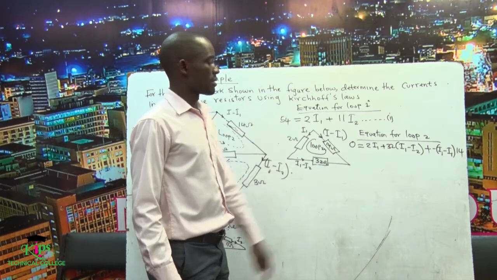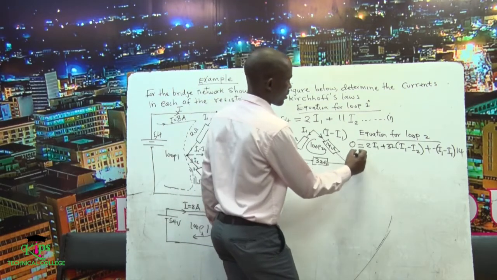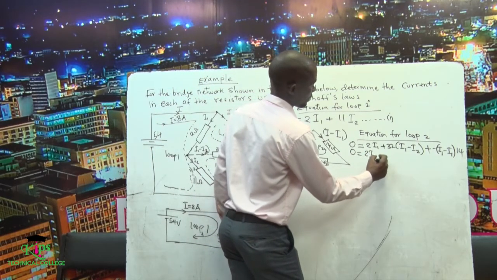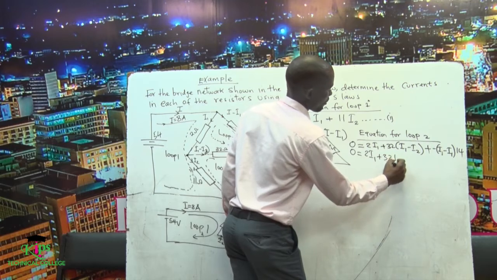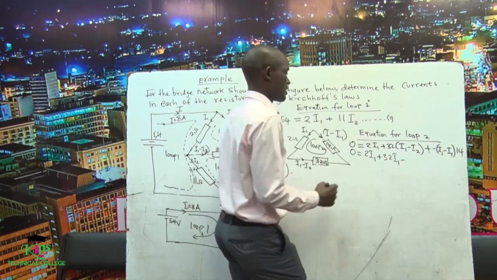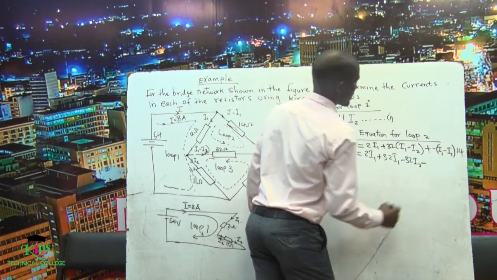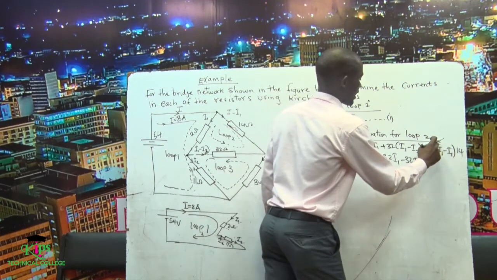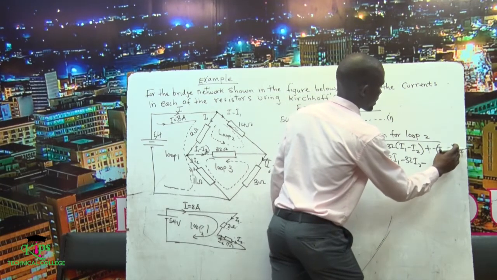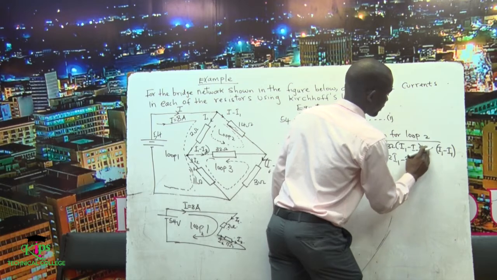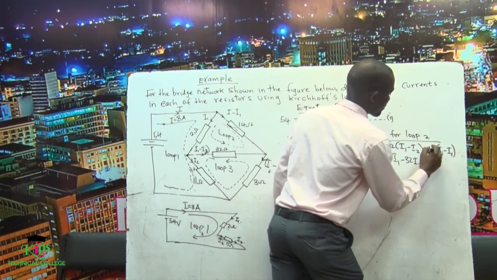If you open the brackets, you will get 0 equal to 2I1 plus 32I1 minus 32I2 minus, remember this 14 can come here. This is the same as writing plus minus 14.